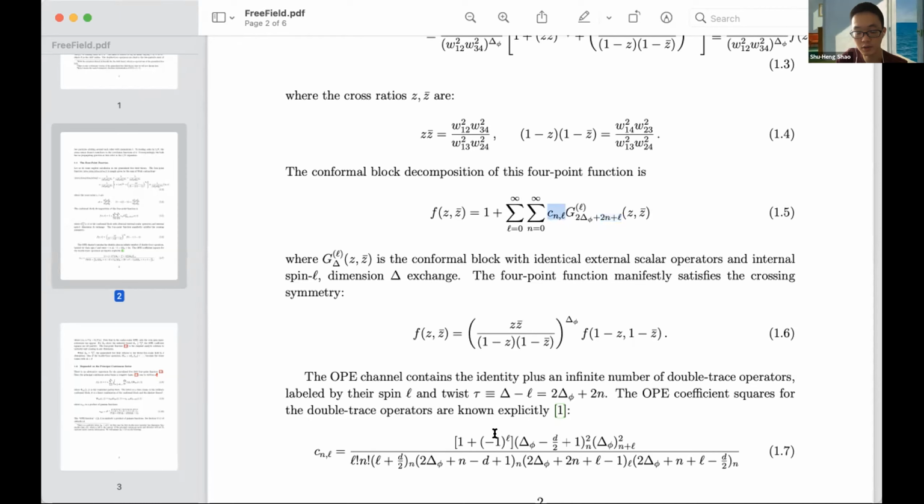The coefficient in the conformal block decomposition is the square of the OPE coefficient. Is that what you were asking? Yeah, you showed us the double trace coefficient, right? Yeah, let me just show that again. This coefficient here is the square of the OPE coefficient.